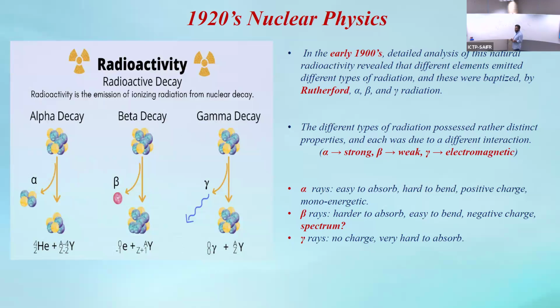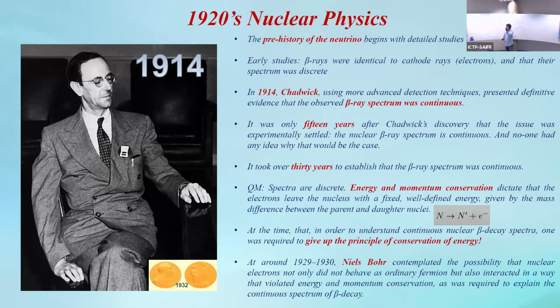For alpha and gamma, it was not so troublesome, but beta spectrum identification was quite tough during those days. In 1914, actually Chadwick, using a very advanced technique, proved that the beta ray spectrum was continuous, which led Pauli to postulate the neutrino hypothesis.